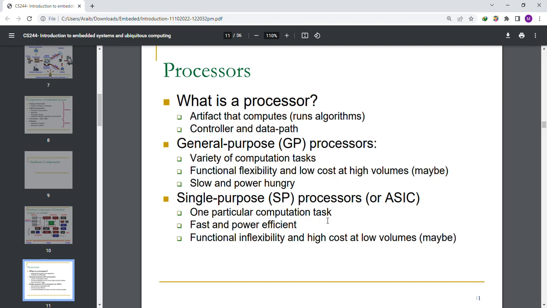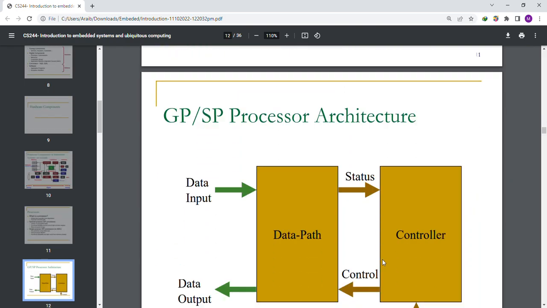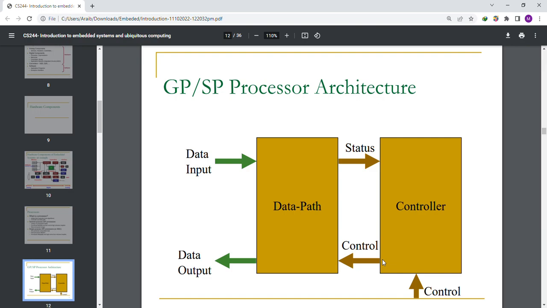Single purpose processor: one particular computation task, fast and power efficient, lacking flexibility, and high cost at low volumes. And this is the GP and SP processor architecture. Data input, data path, and then controller, then again data path and data output. We can input data from that side, and then data moves toward the controller, the controller controls, and after that the data path and then output.